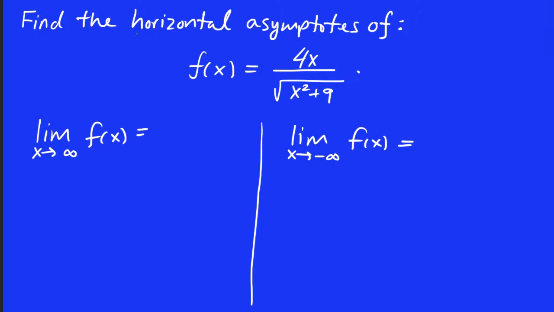It's really a different thing to have a horizontal asymptote at infinity and a horizontal asymptote at minus infinity, right? For example, if you had a graph maybe like this, let's take arctangent.